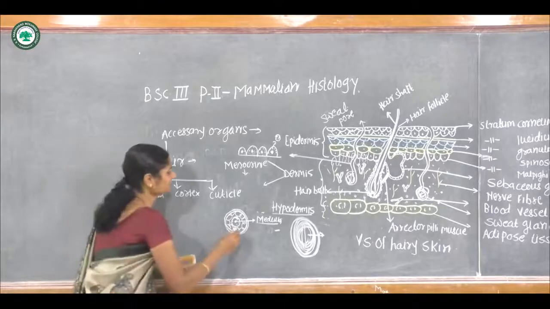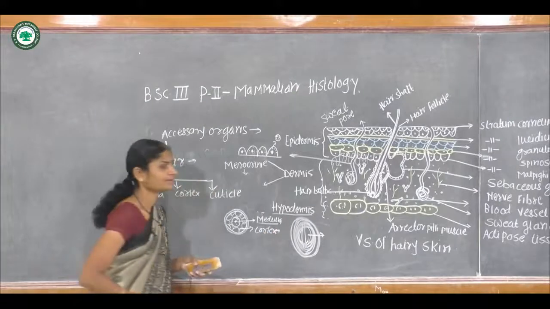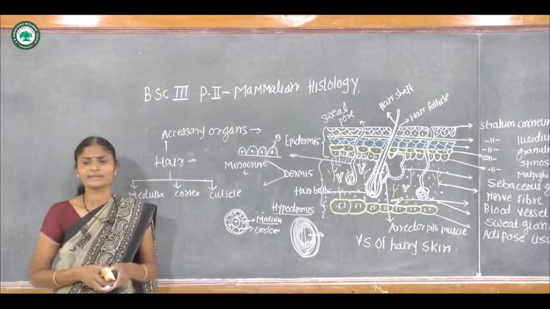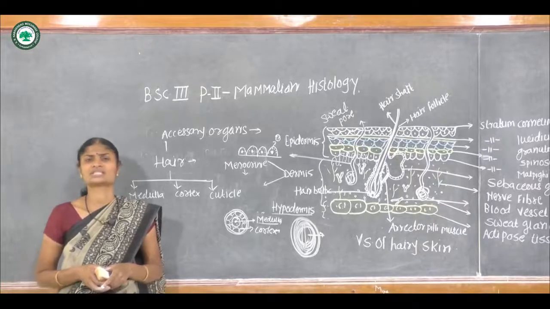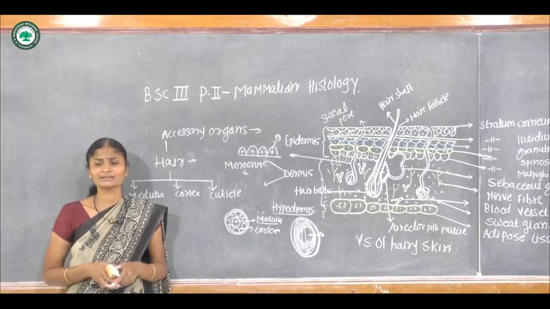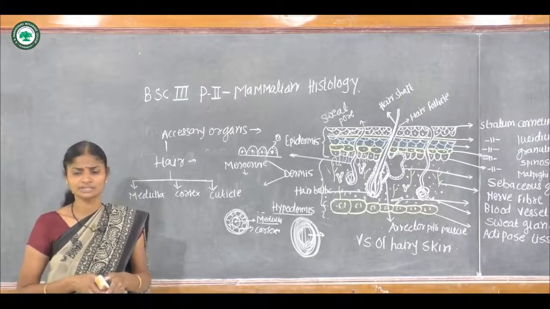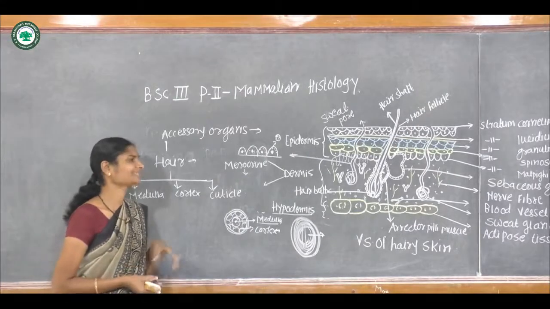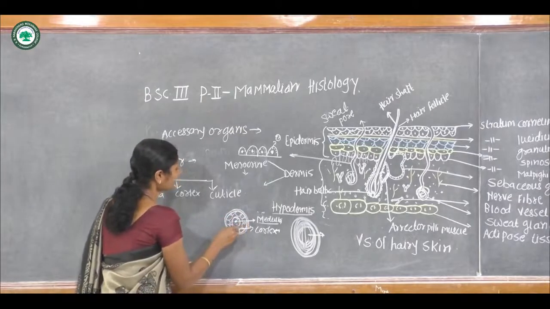The next layer is the cortex. This cortex layer is the middle region; it is flexible and gives strength to the hair, and contains melanin granules, which give color to the hairs.